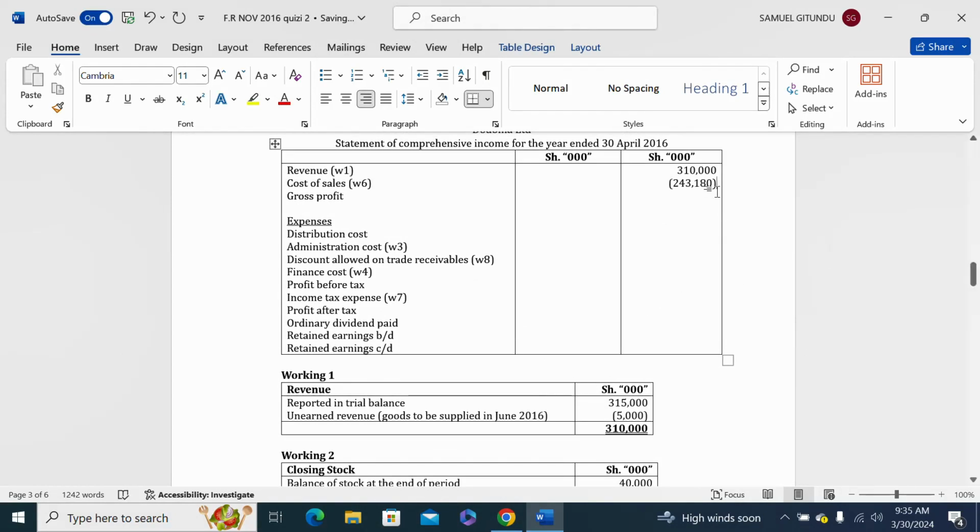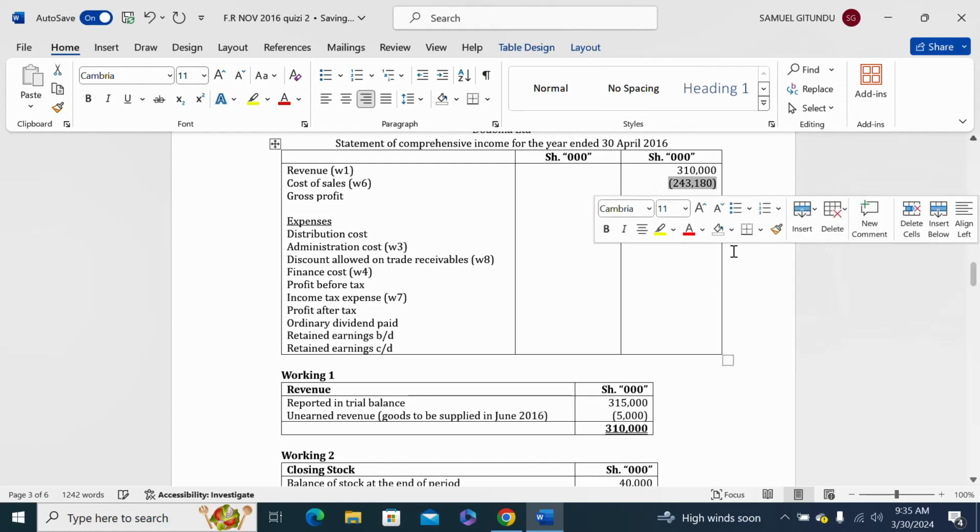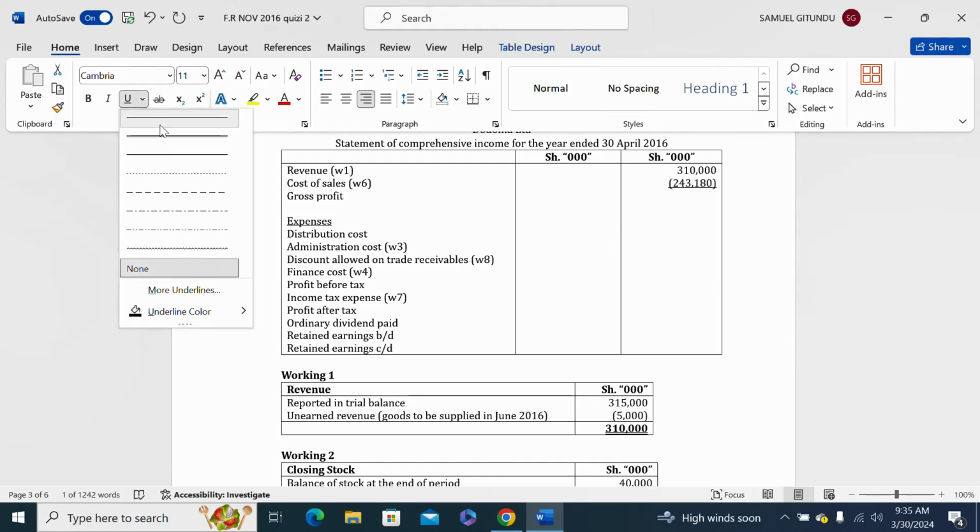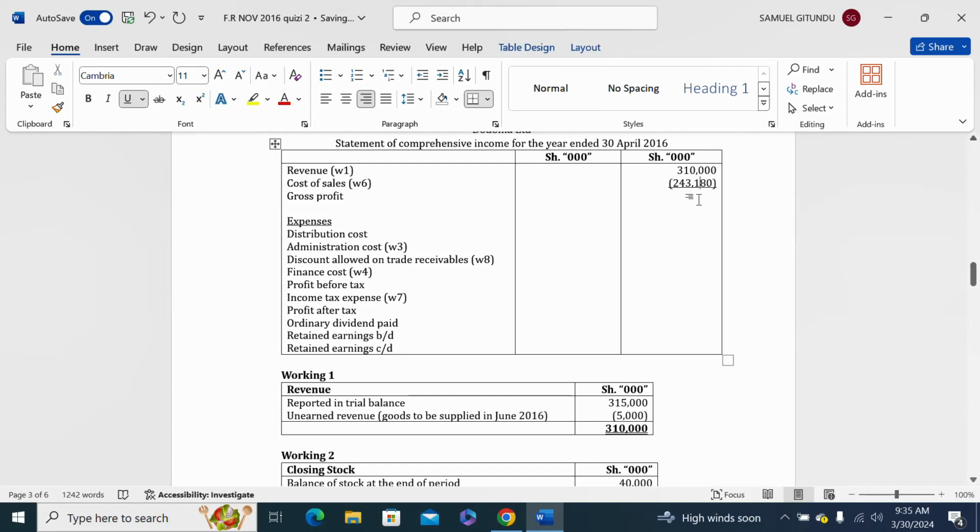If we do this, we calculate the gross profit, and we are getting the gross profit as 66,820.